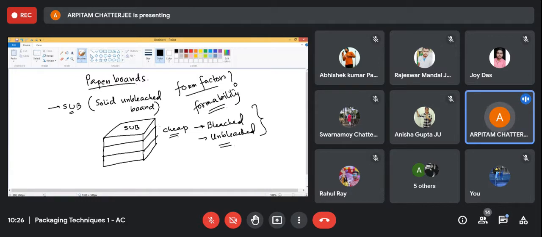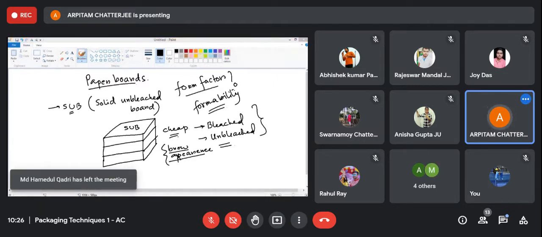I can show you one example. Can you guess where you can see this? Again, I'm giving a clue. This type of board generally has a brown kind of appearance. Any guess where you have seen these cheap boards? All of you have seen it, I'm sure.